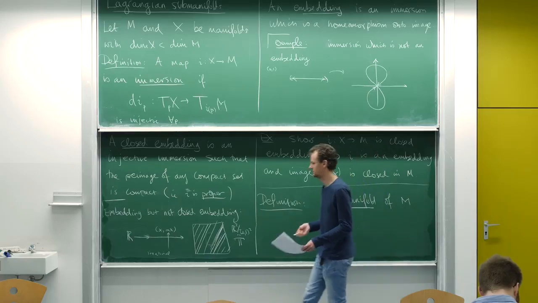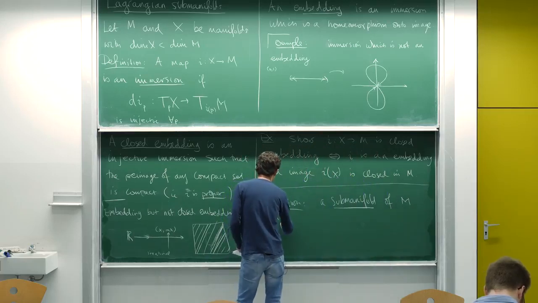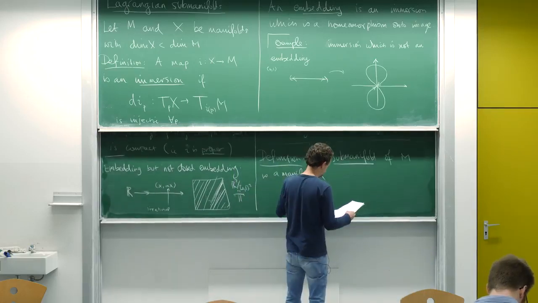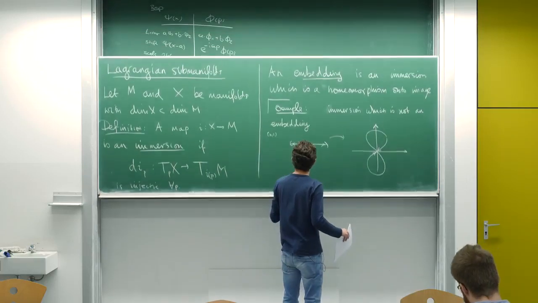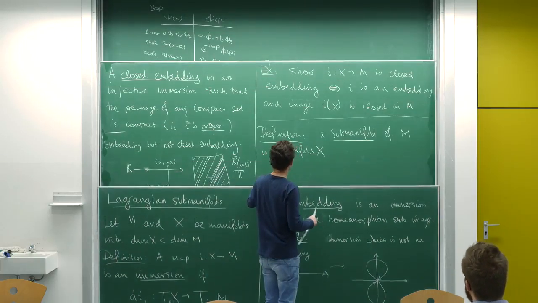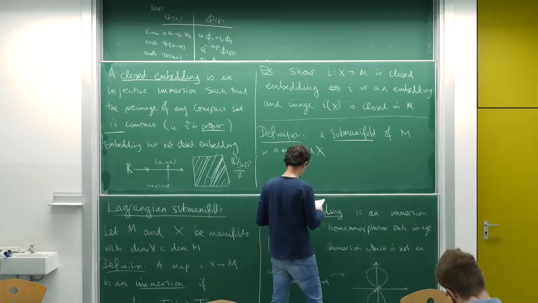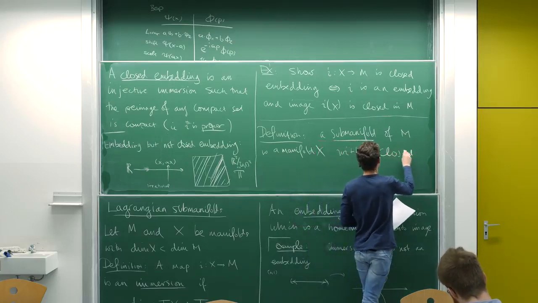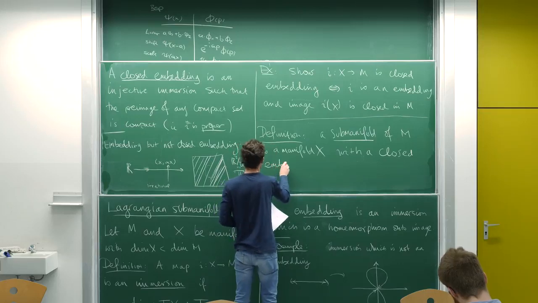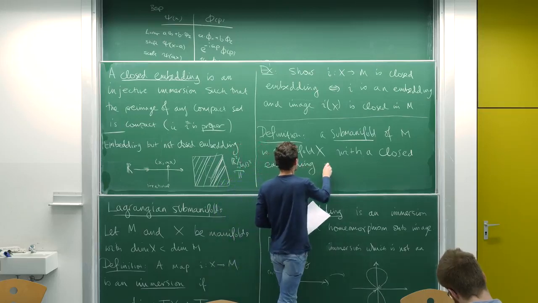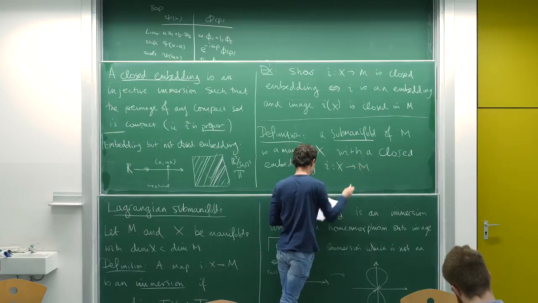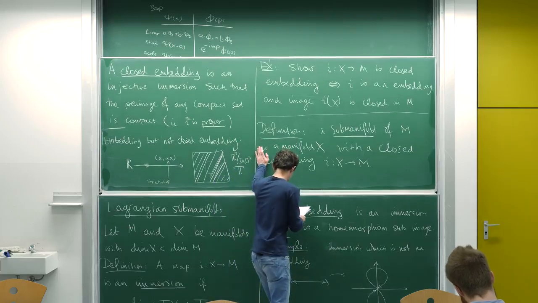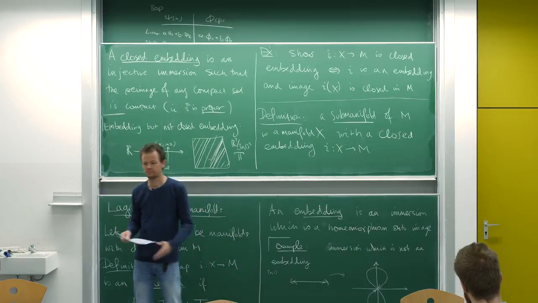So a submanifold is a manifold, X, with a closed embedding. There we go. Yep, a question?